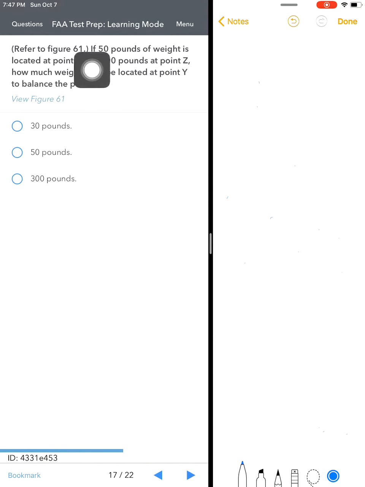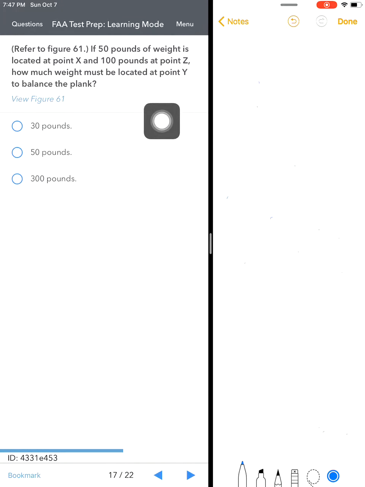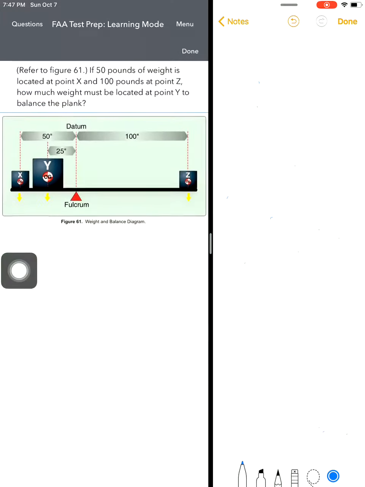What does it say? If 50 pounds of weight is located at point X and 100 pounds at point Z, how much weight must be located at point Y to balance the plank? Okay, that's interesting. This is a new question, so I would like to work on this for you.